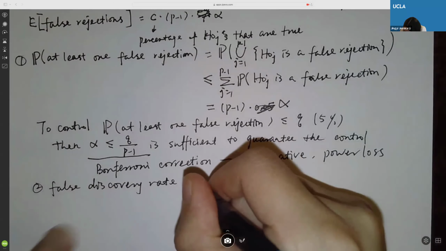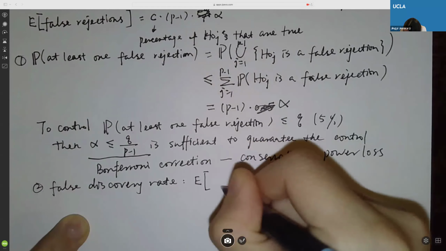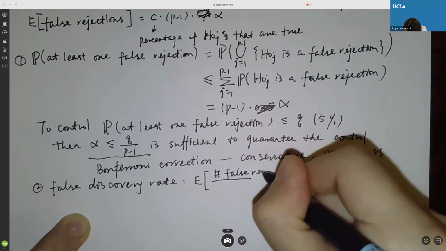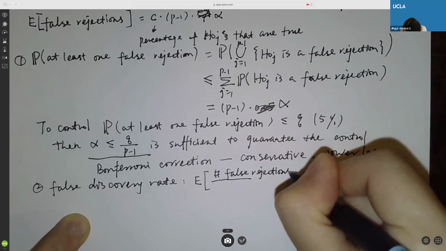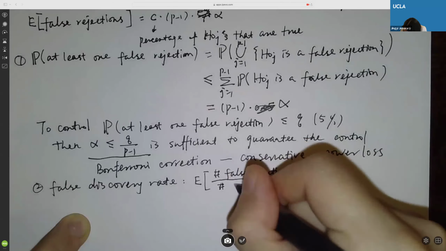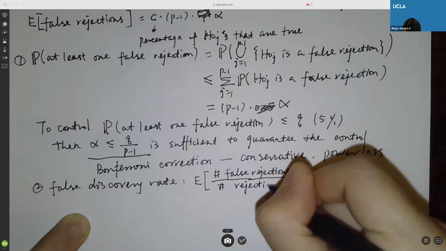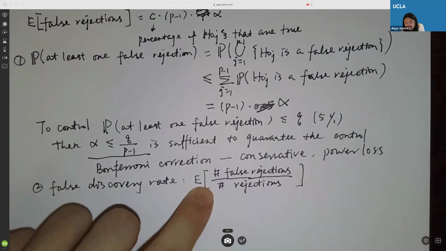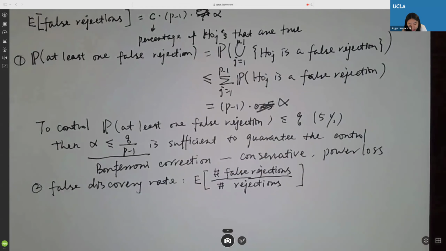The false discovery rate is defined as the expectation of the number of false rejections over the number of rejections. So we are still allowing the number of false rejections to be larger than 1 or even a big number, but we just want to make sure that out of all the rejections, the proportion is small enough. Okay, so this is a different criterion.